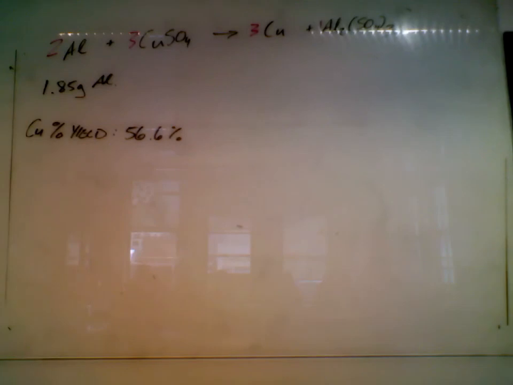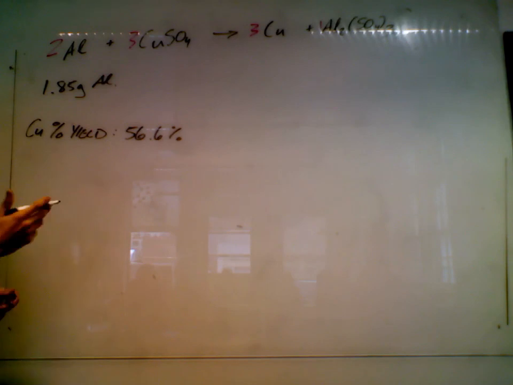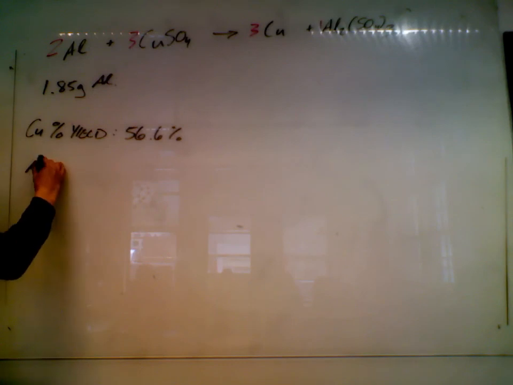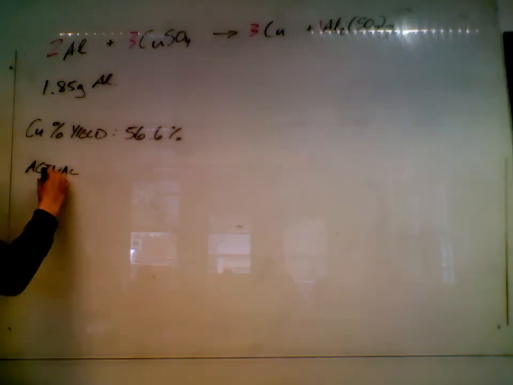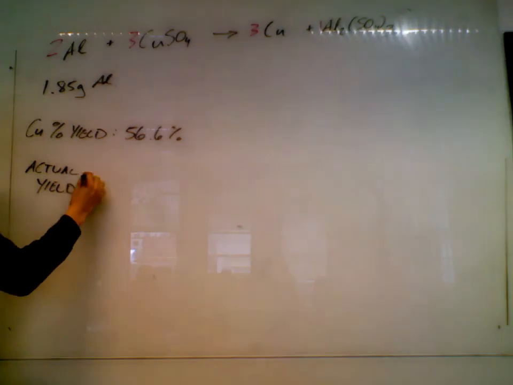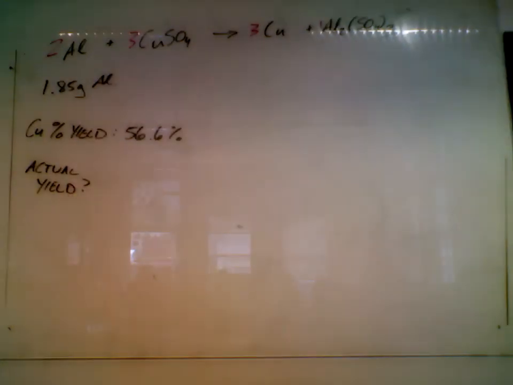So two huge pieces of information. And then it asks us how much is actually produced. So we need to know what the actual yield is. We don't know what that is yet.